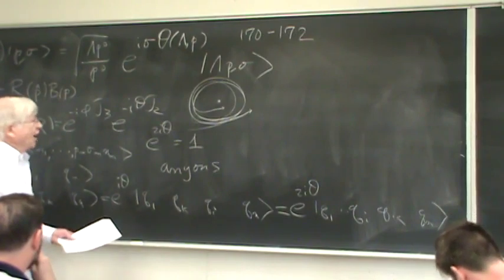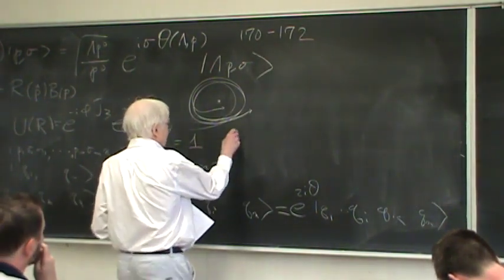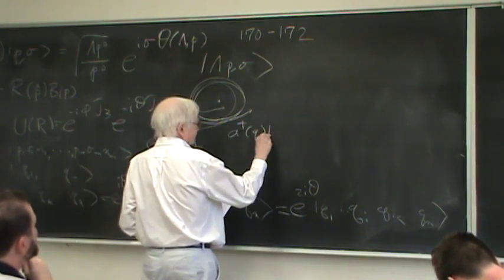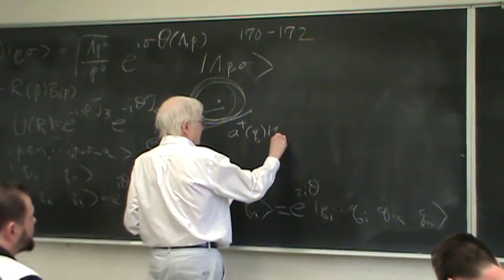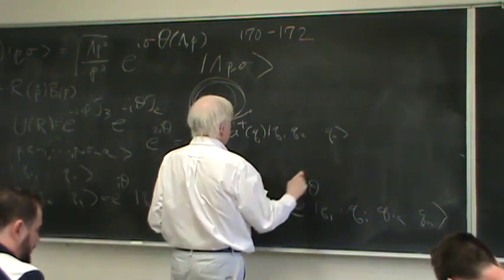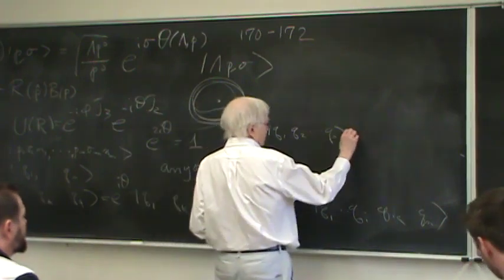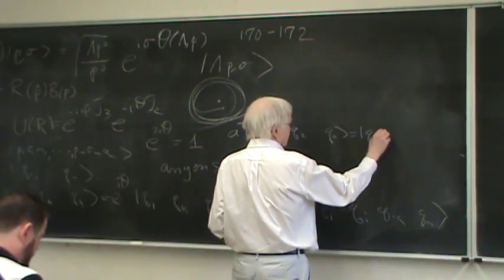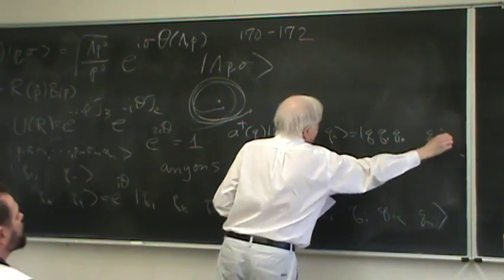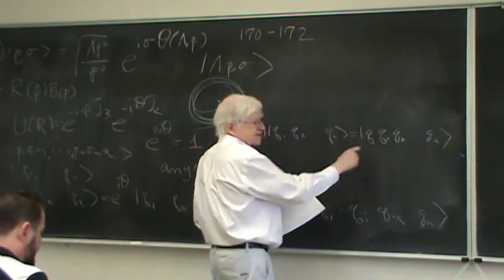So, how are we going to define a creation operator? Well, a creation operator of kind q on a state with already particles q1 through qn that represents already these particles is simply going to be q, q1, q2, qn. So the idea is that it adds the q to the first position.